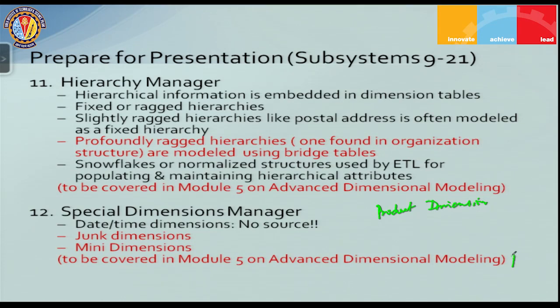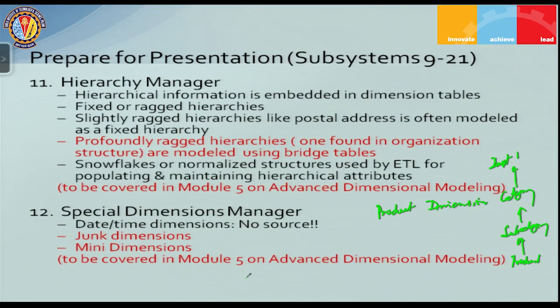It will have the product at the lowest level, then a subcategory, then a category, and then there will be multiple categories in a particular department of the store. So this hierarchy would be present in almost all the dimensions that we talk about, and in some cases there can be multiple hierarchies present.